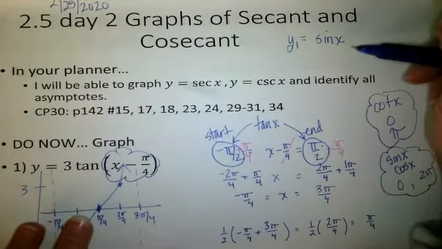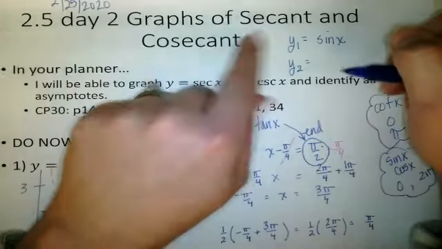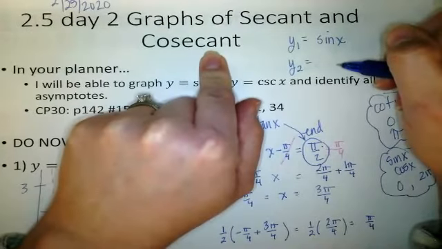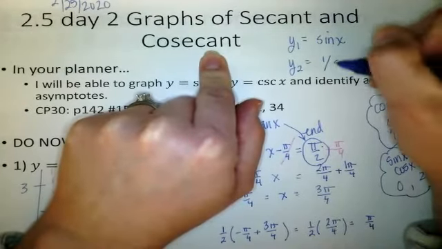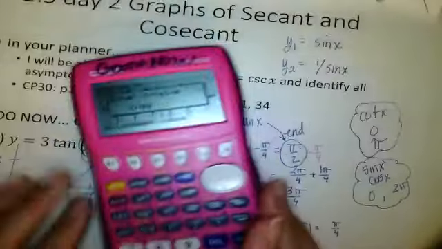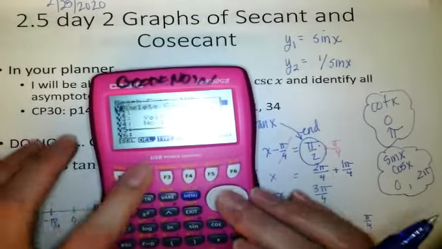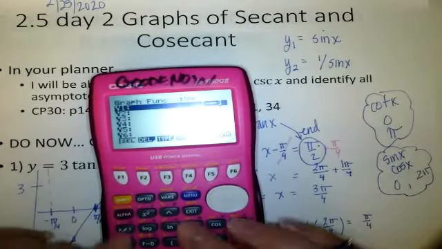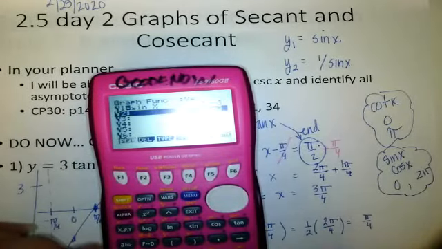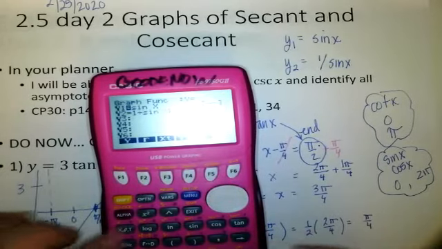I want you to graph sine of x in y1. And in y2, we're going to graph cosecant. How do we type in cosecant of x? 1 over sine of x, okay? So let's go ahead and have a look at that. So I'm going to look at sine of x and then 1 over sine of x.